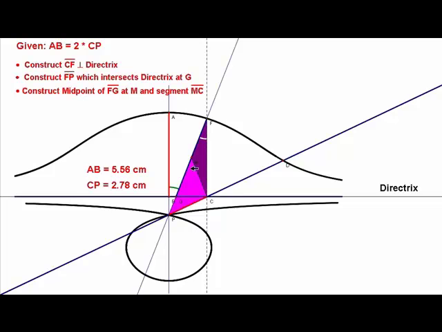Furthermore, since we know that this angle and this angle are the same in that they're base angles of an isosceles triangle as well, we know now that angle MPC is twice angle CFM. We're just naming these angles differently. We know that MPC is the same as FPD.